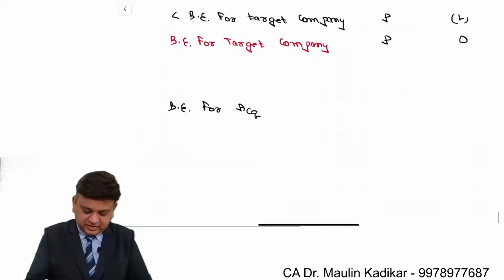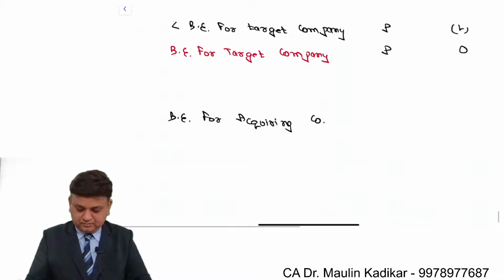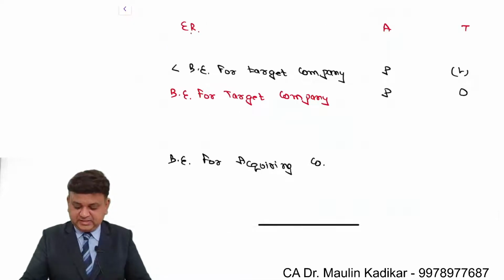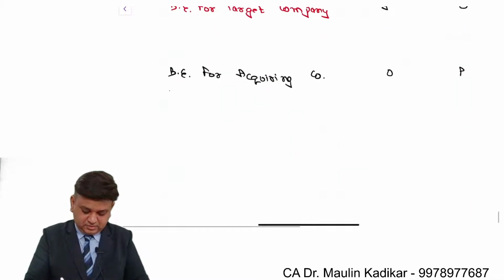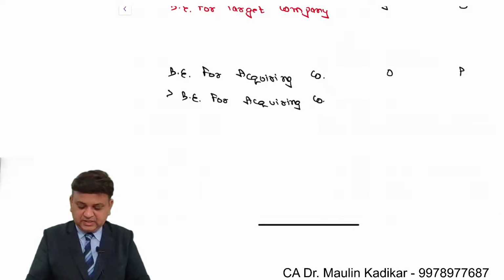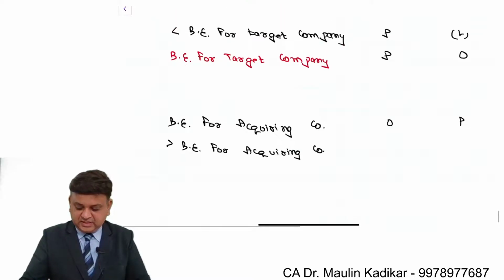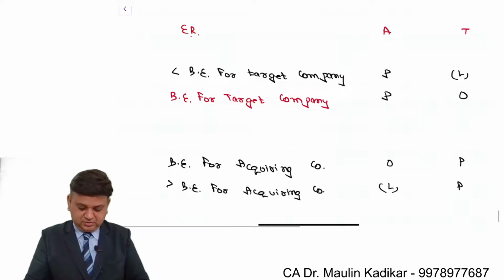Break even for acquiring company: in that case, A Limited will have no profit, no loss, and T Limited will have a profit. Greater than break even for acquiring company: then target company will have a profit and acquiring company will have a loss.